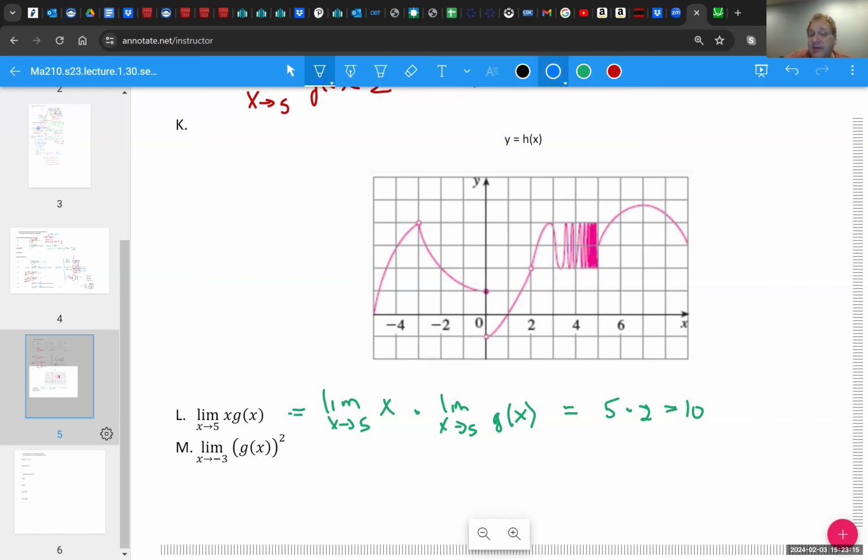And likewise, if I have g(x) squared, when x is getting closer and closer and closer to -3, remember, x is the only thing that's getting closer to anything. So that x value right there is getting closer and closer to -3. So we can just find out the limit as x approaches -3, and we could find out what happens when we plug in -3 directly into this.